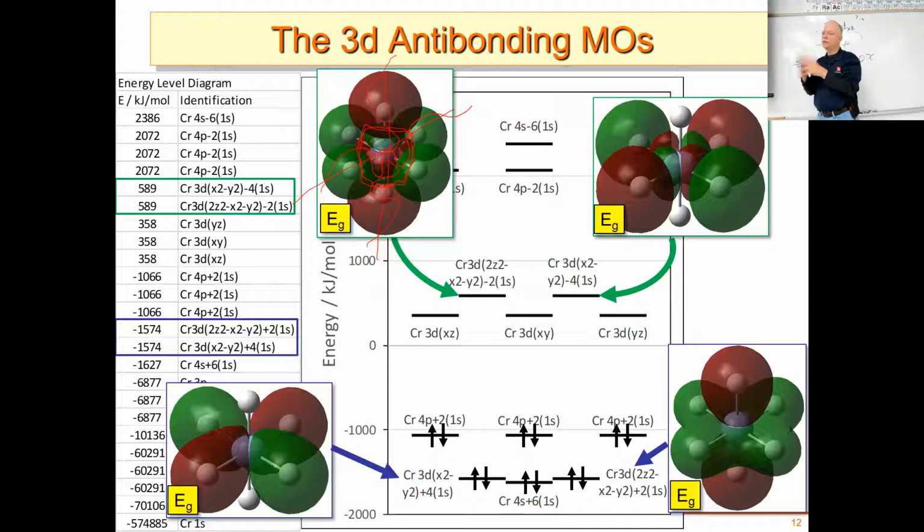And so I don't know why the relative sizes of those orbitals are what they are. It's going to be somewhat dependent upon the calculation that you do. Is this the exact true shape of that orbital? The shape in general, yes. But in terms of how big the 1s's are versus the d's, that might change a little bit if I change some of the parameters of the calculation.